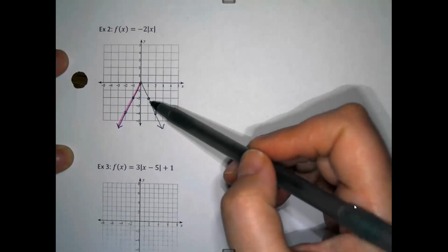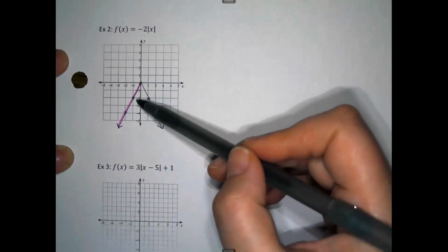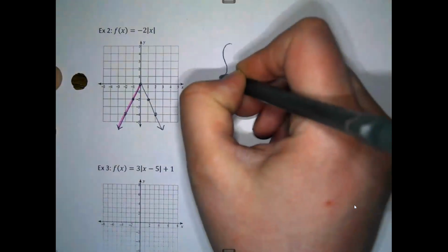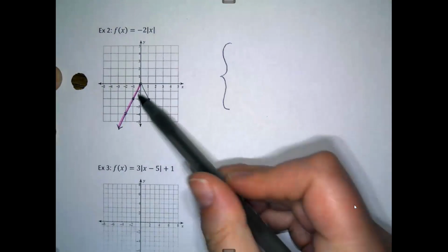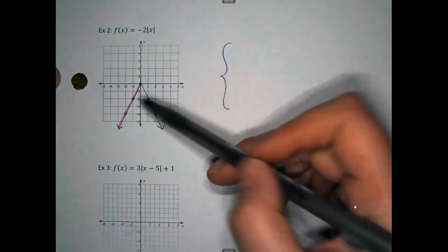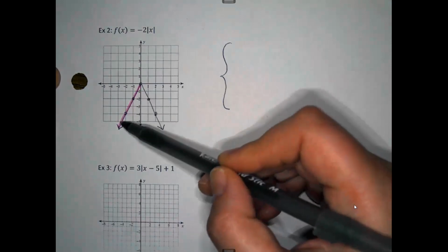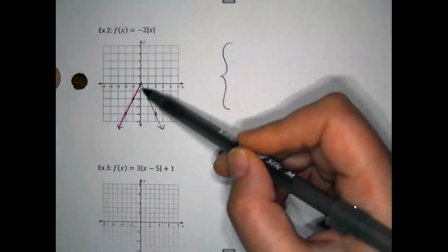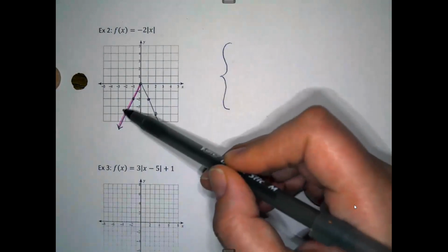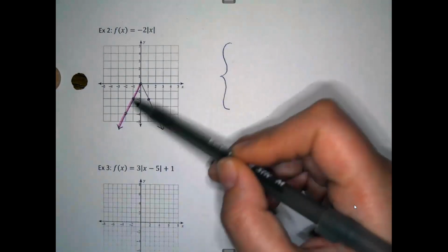So if you guys look at this, can you tell what the slope is on the left side of the graph? Now, does the slant go up or go down? If you were walking, this slant goes up, right? This is a positive slant.